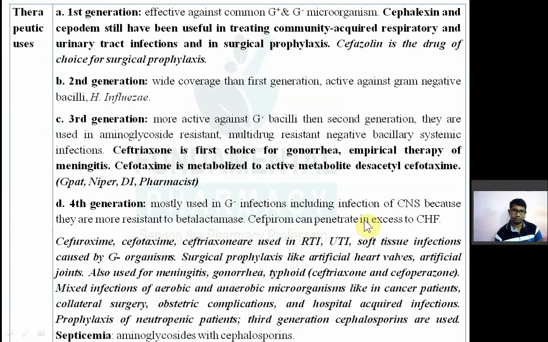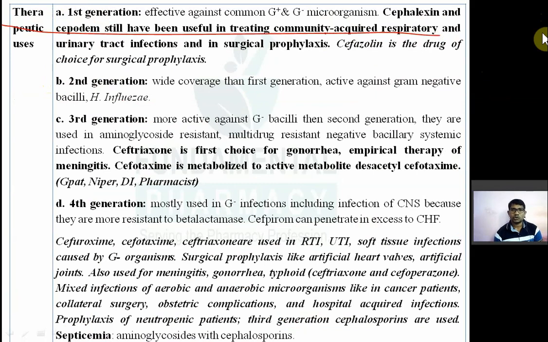Therapeutic uses. What are its uses? First line drugs, they are effective against gram positive as well as gram negative organisms. Cephalexin, Cefadroxil. Cephalosporins are still used usefully in treating community-acquired respiratory tract infection and surgical prophylaxis. So the first generation cephalosporins are mostly used for respiratory tract infection.